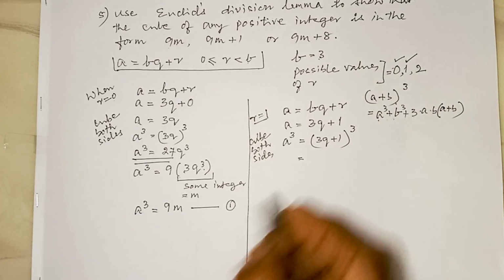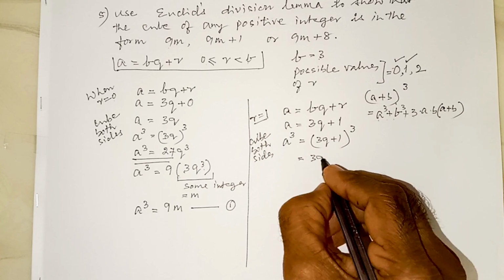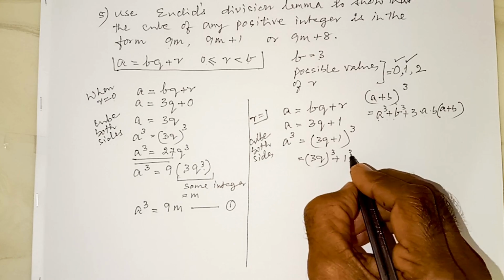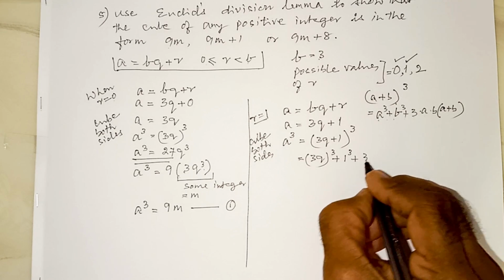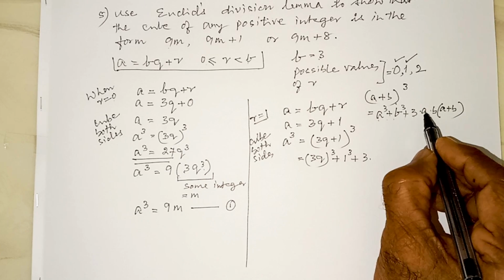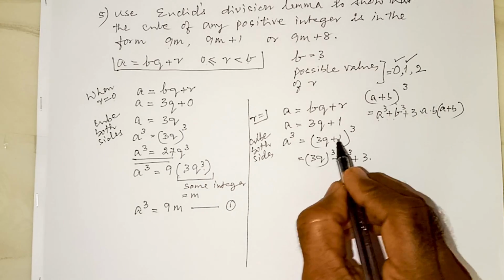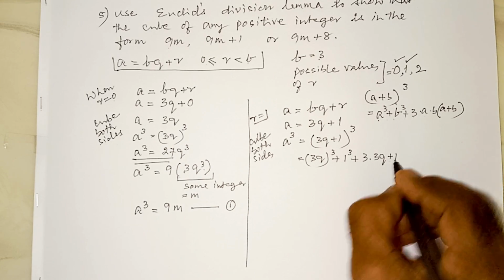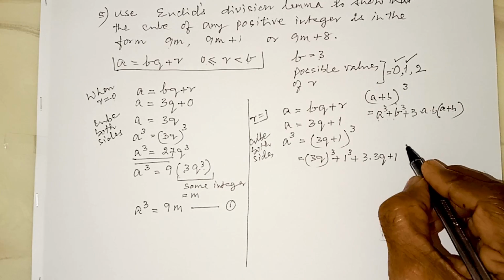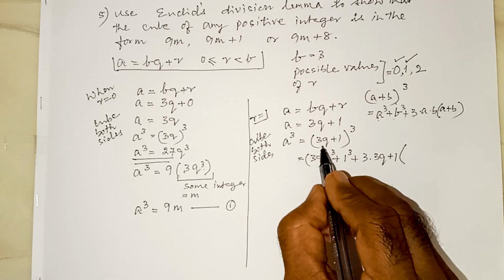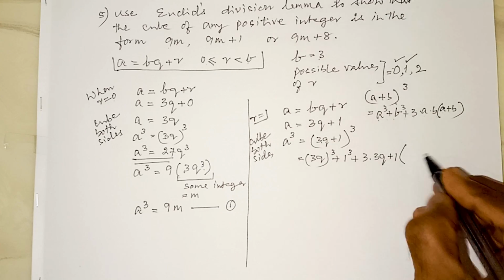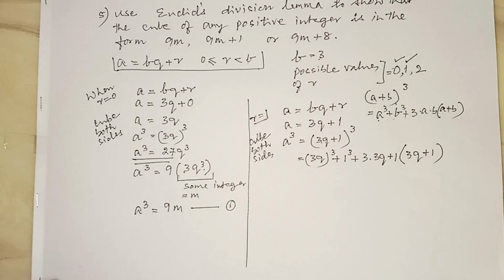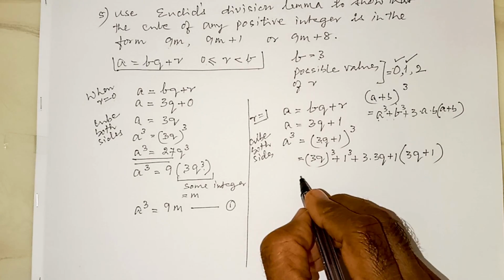Now let us open this. 3Q whole cube plus 1 cube plus 3 into a into b, this is a, this is b, 3 into 3Q plus 1, then open the bracket, a plus b. This is a and this is b. Now we will simplify further.